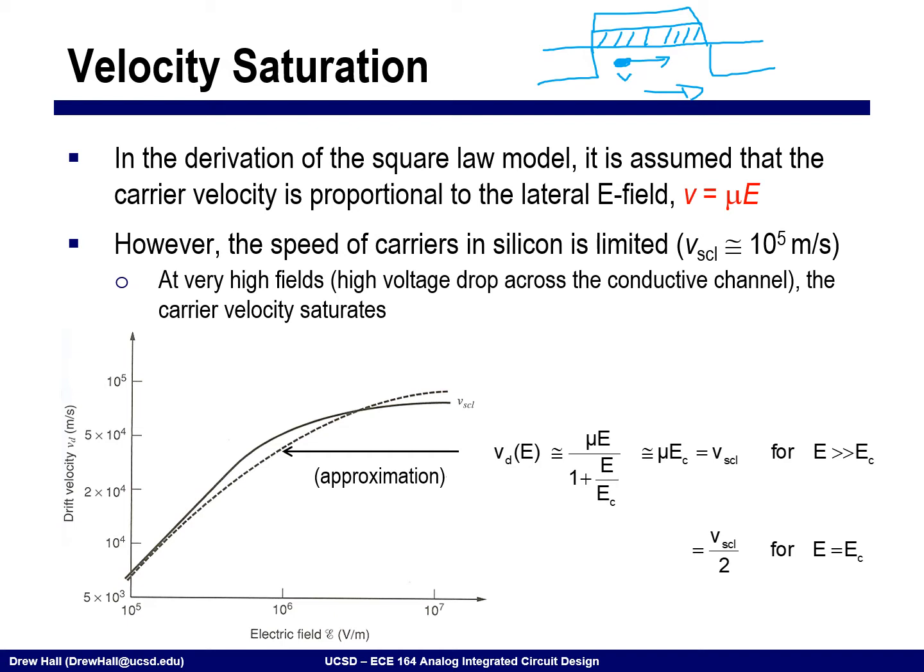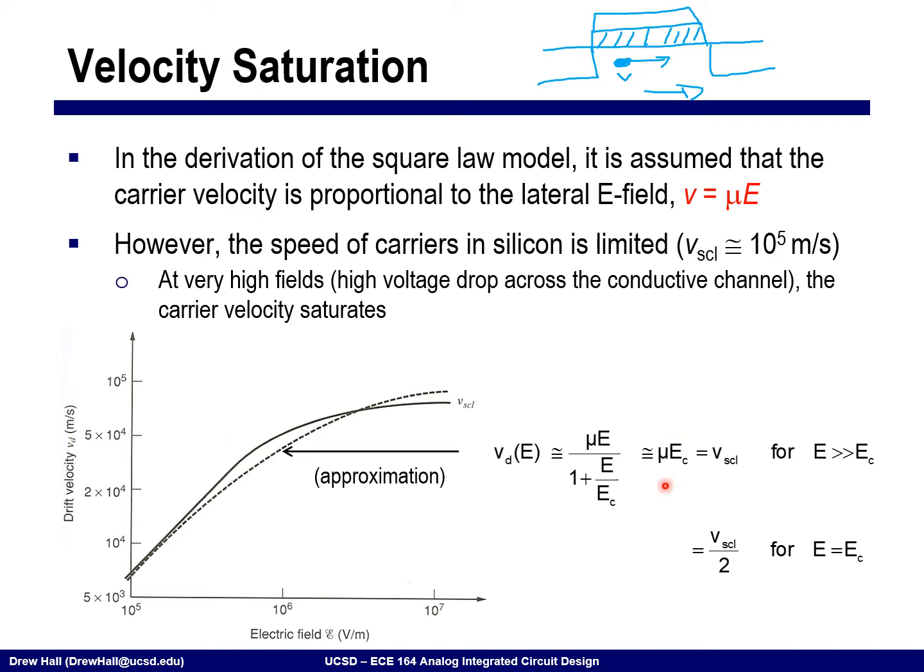And so if we look at the velocity as a function of the electric field, what we see is that for low electric fields, we have a relatively linear proportionality like we'd expect, and then we start to fold over. And when it's folding over, this is really the short channel effect, that we're getting limited by the velocity of the carriers, or we have what's called velocity saturation.